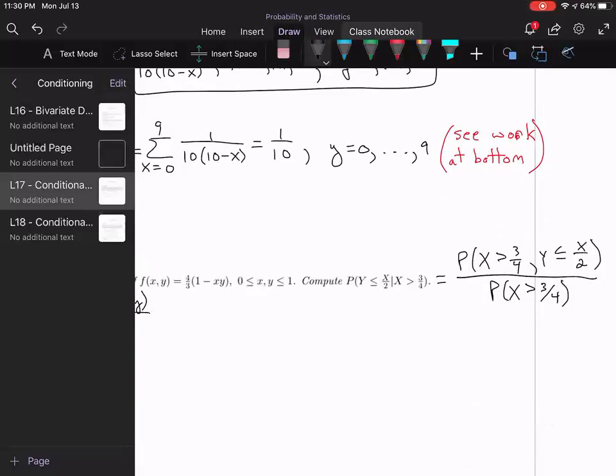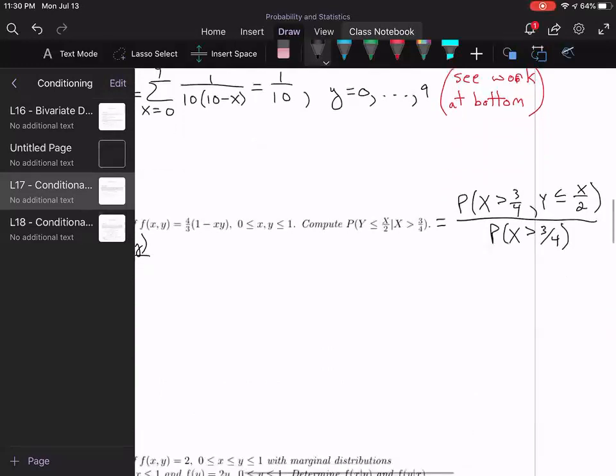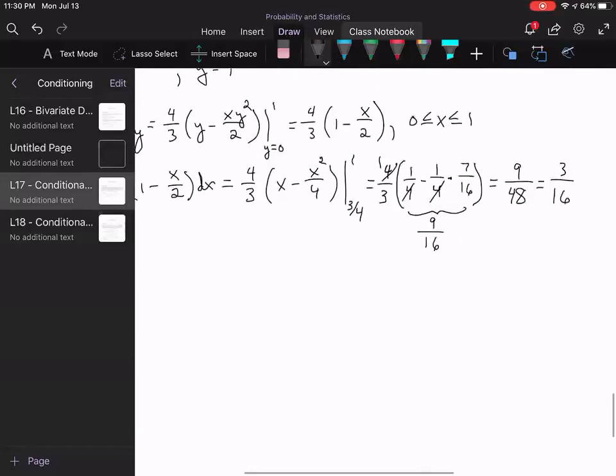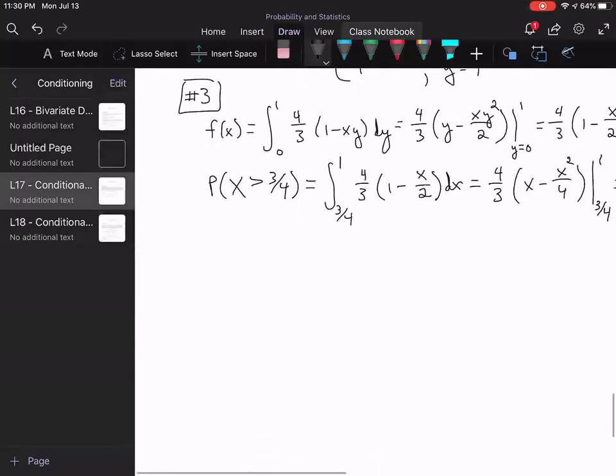which is the probability that x is greater than 3/4 and y is less than or equal to x over 2. Yeah. And so this is a probability using a joint distribution, which we know.